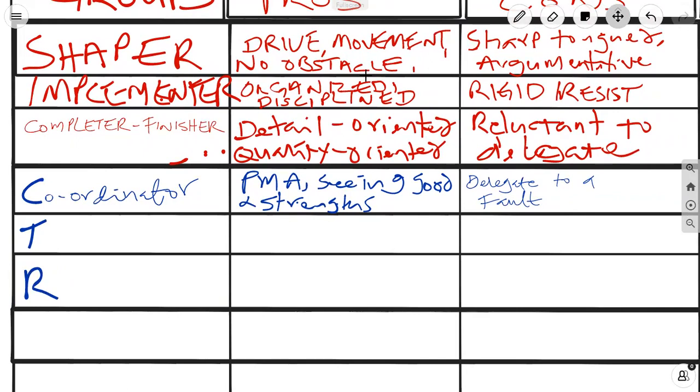In a team of C-level executives, you could have one who is a coordinator. I've seen it happen. You could have one who is a completer finisher. You could have one who is an implementer.